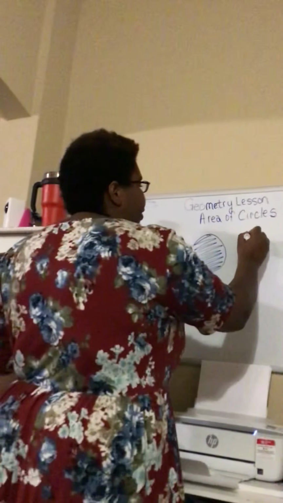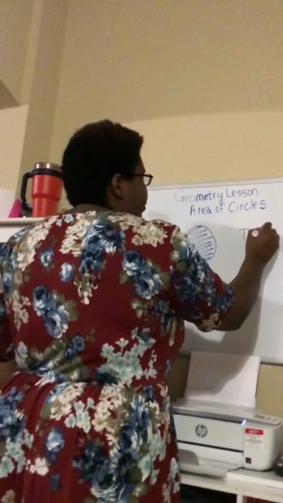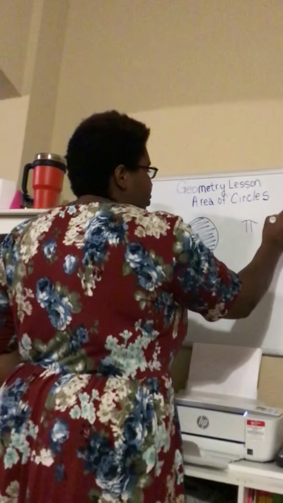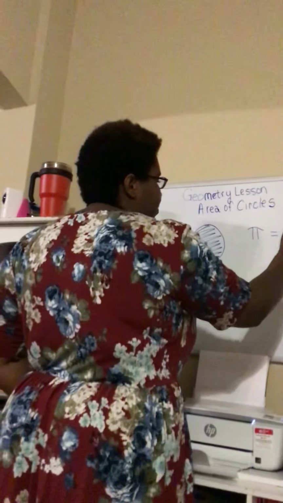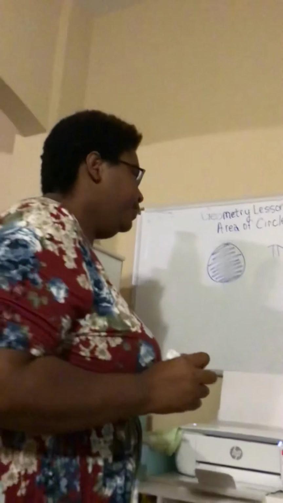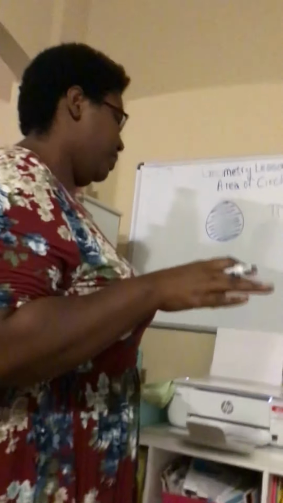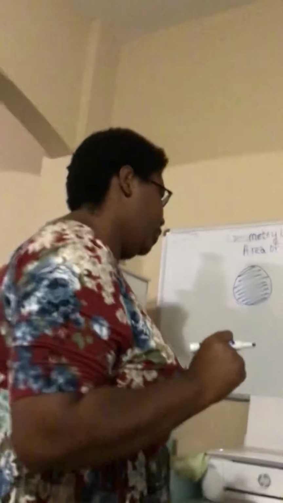Pi is a value that scientists and mathematicians figured out from doing different experiments with circles, and we have rounded it to be this constant 3.14. Okay, that's always the value of pi. It's determined for us. That's the value that we use.